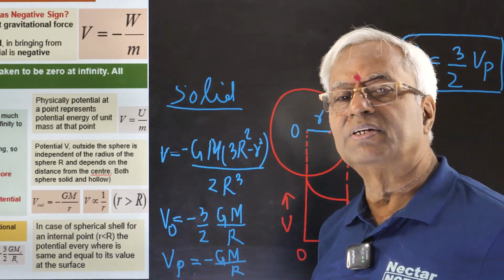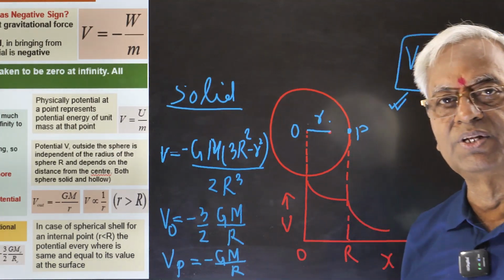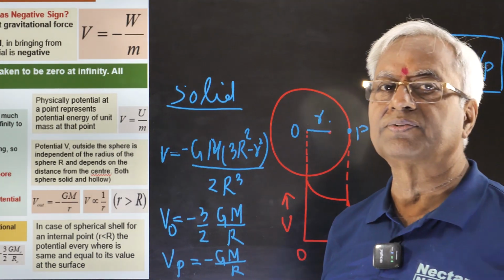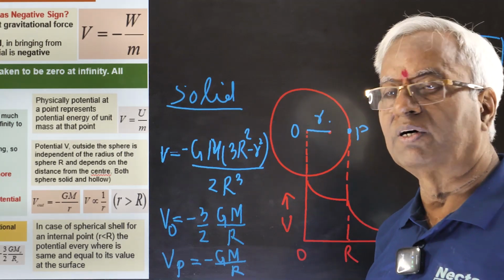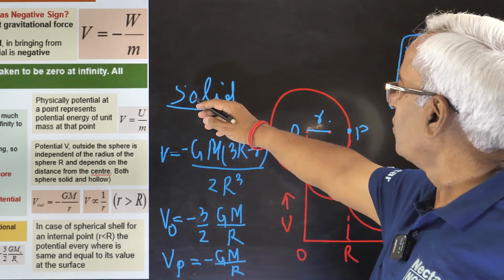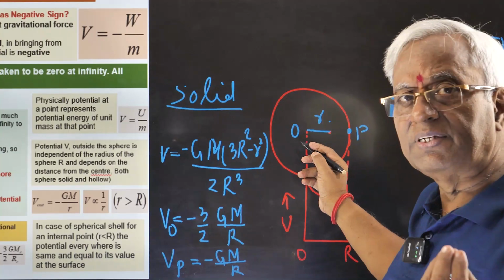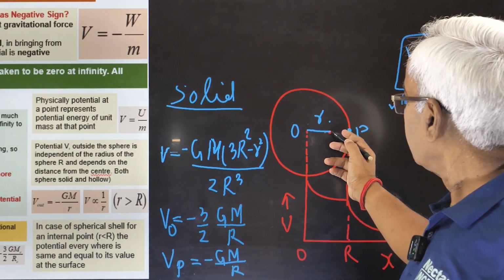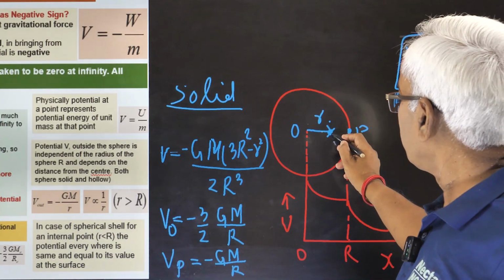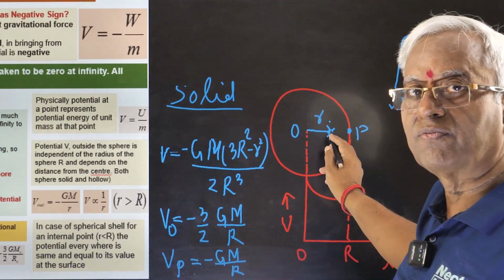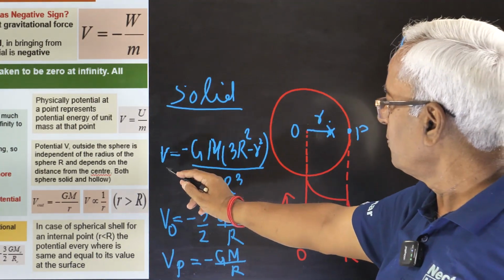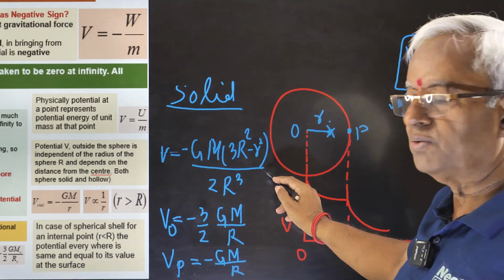Now let's consider the points inside the sphere. For that, we'll consider the solid sphere first of all. Inside the solid sphere, if you consider some point at a distance small r from the center, the potential would be given by this ratio.